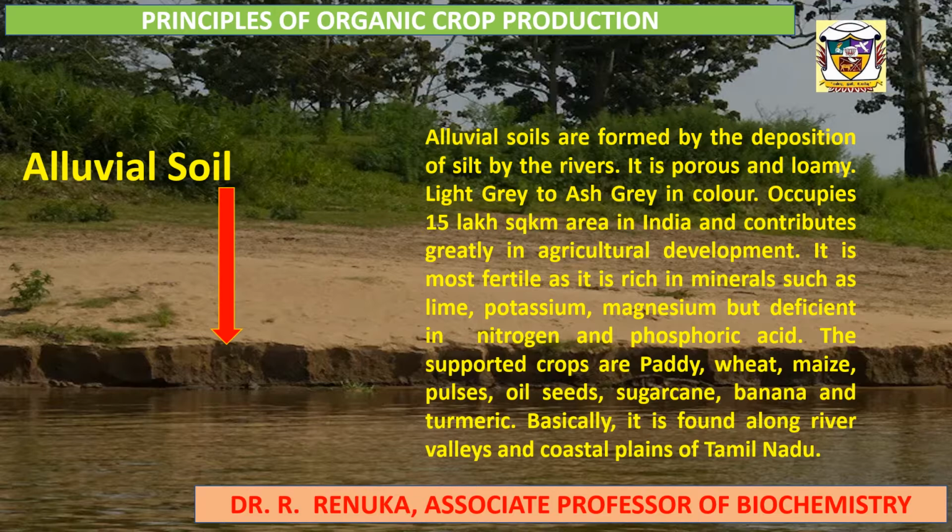It is most fertile as it is rich in minerals such as lime, potassium, magnesium, but deficient in nitrogen and phosphoric acid. The supported crops are paddy, wheat, maize, pulses, oilseeds, sugarcane, banana, and turmeric. Basically, it is found along river valleys and coastal plains of Tamil Nadu.